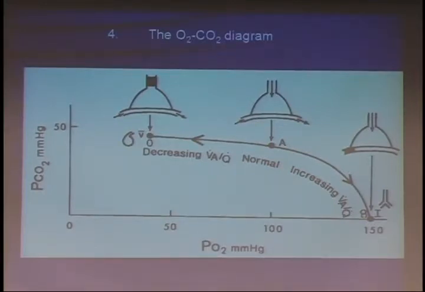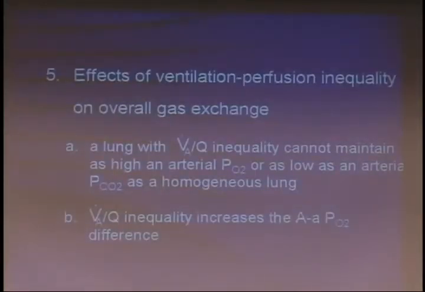Now, the consequences of this ratio are as follows. As you see, it claims that a lung unit with an inequality, that is, not a good match between ventilation and perfusion, won't be able to keep arterial PO2 as high as a lung unit that has a good match, and it won't be able to keep the arterial PCO2 as low as a more homogeneous lung where the two are well matched.